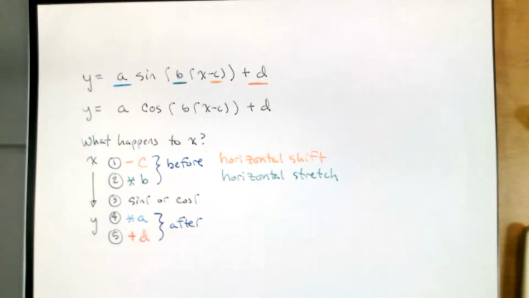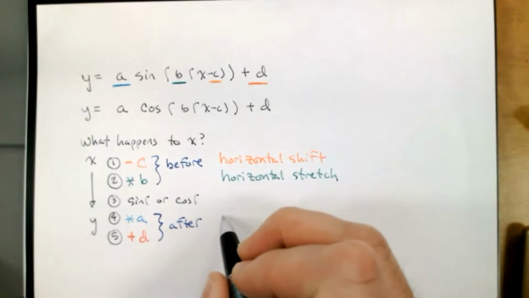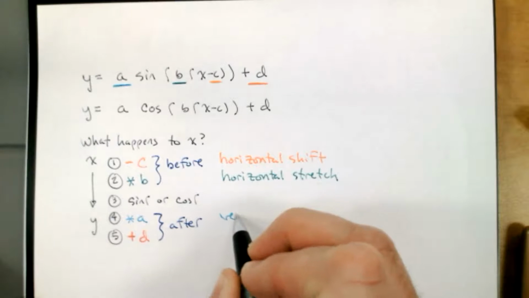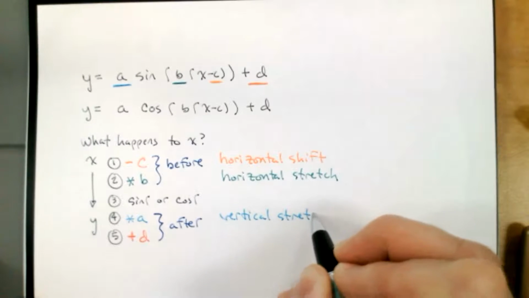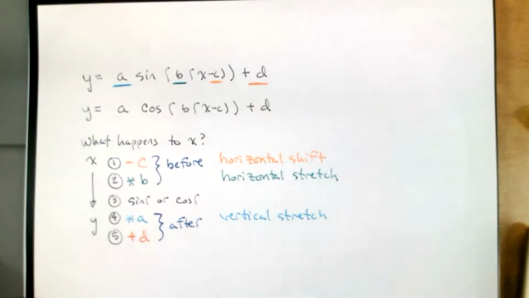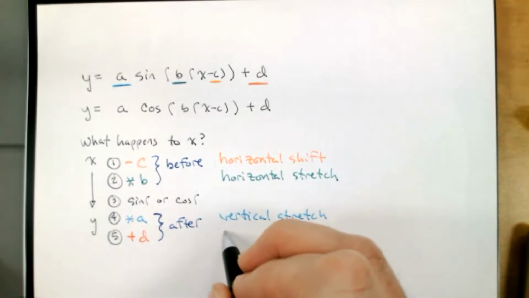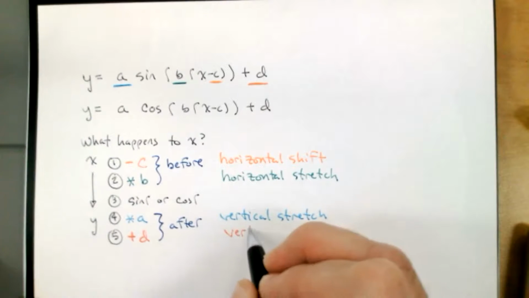Then we apply the function. The shape of the function gets established. Next up, we have multiplication by A. This is after the function, so it's vertical, and it's multiplication, so it's a stretch. So A represents a vertical stretch. And finally, addition of D will make a vertical shift.